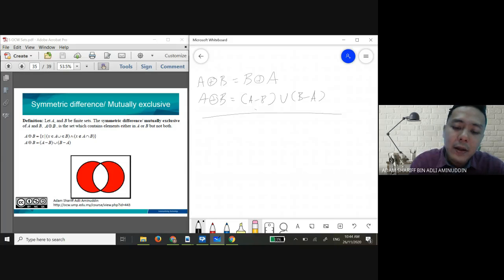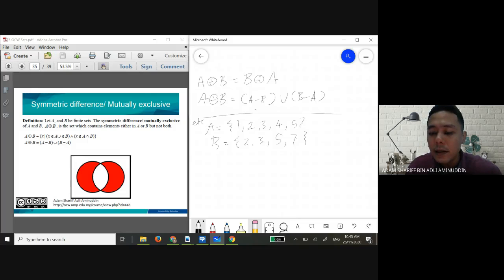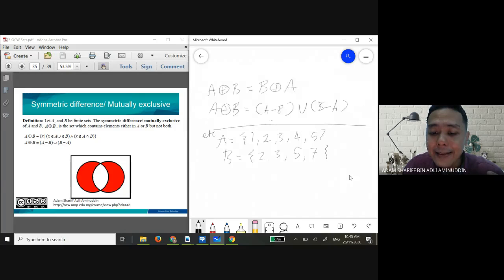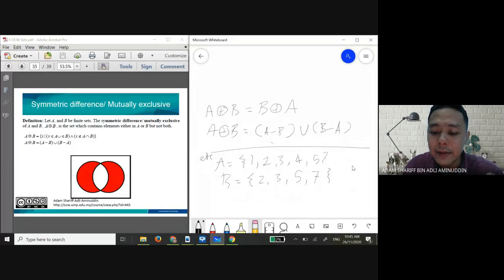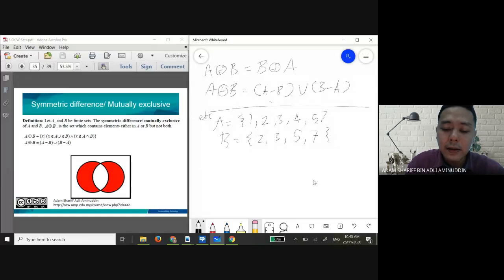So for the previous example just now, A is given as 1, 2, 3, 4, and 5. And B is 2, 3, 5, and 7, right? If I want to do this step by step, I need to do A minus B first.